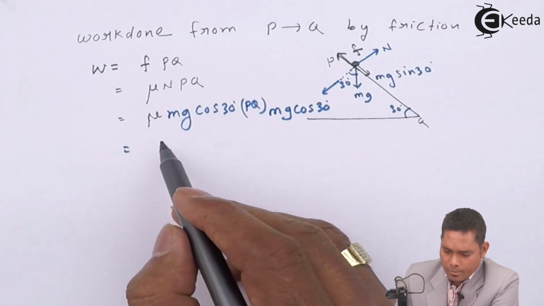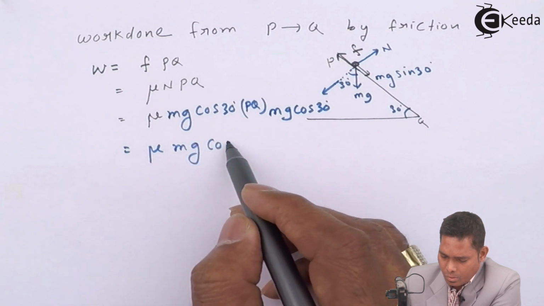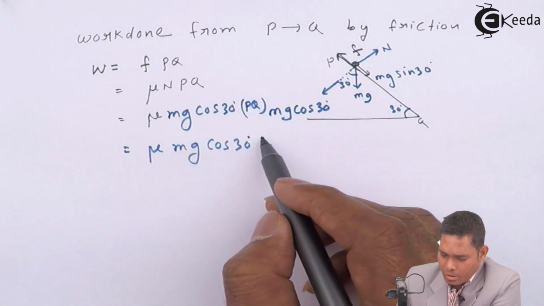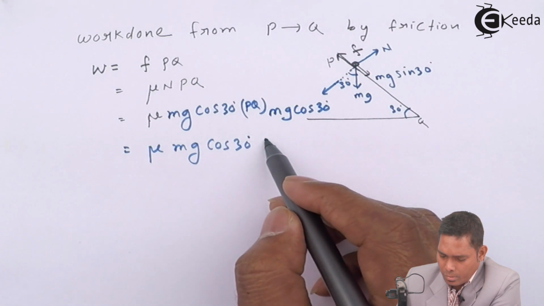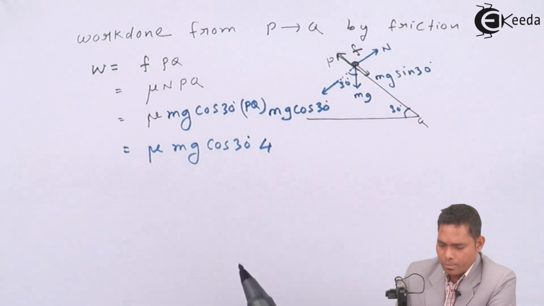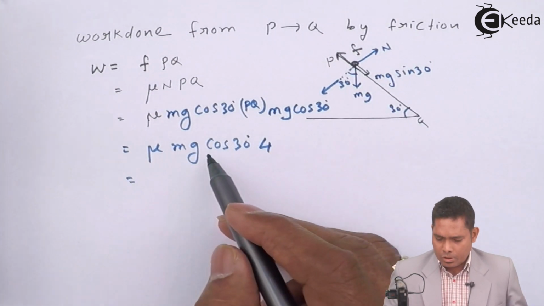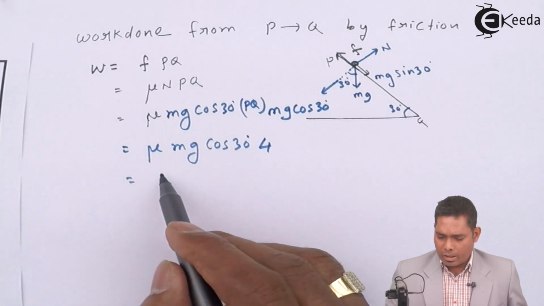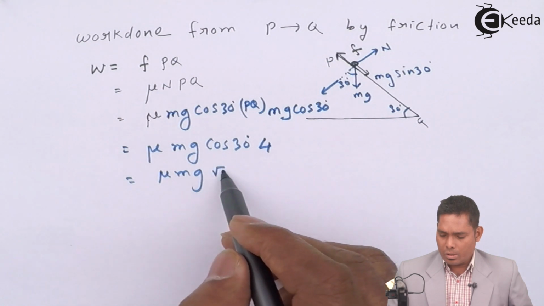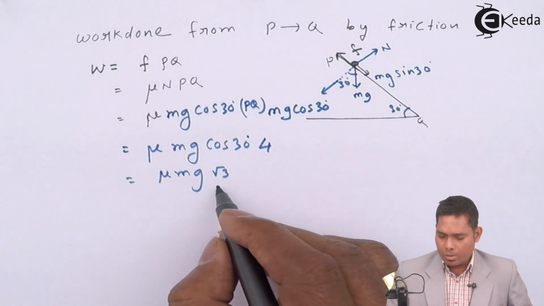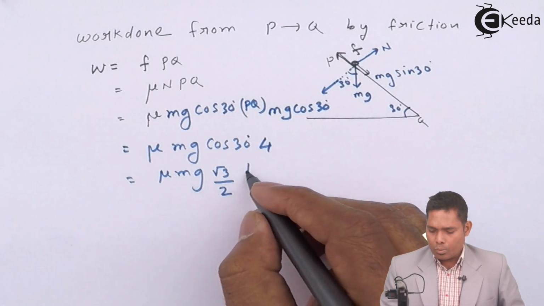So I will put it here directly: z is 4 meter. So it is mu mg cos 30 into h by sin 30, that is 4 meter. Now m is not given, g is not given. Cos 30 is root 3 divided by 2, and this is 4.